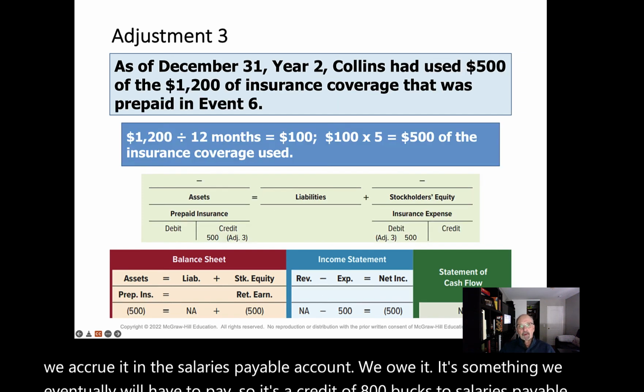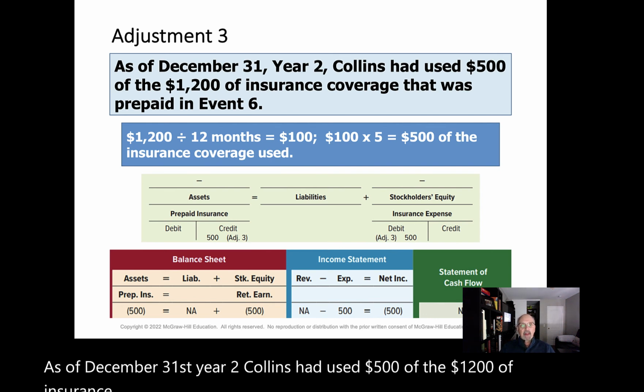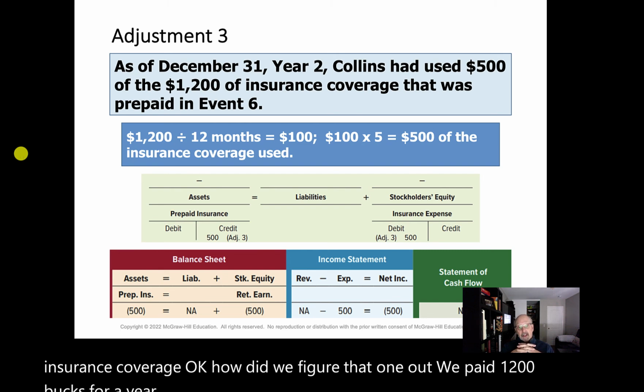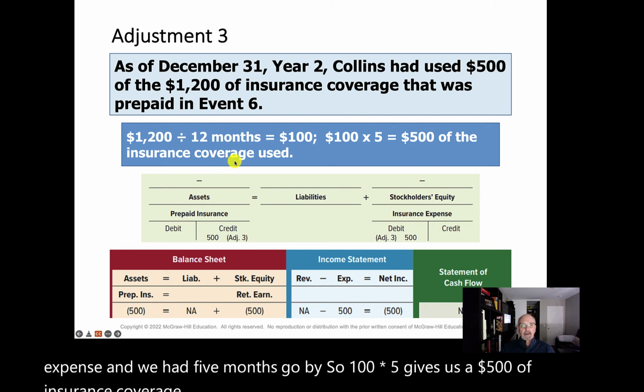As of December 31st, year 2, Collins had used $500 of the $1,200 of insurance coverage. Okay, how did we figure that one out? Well, we paid $1,200 for a year. That means we're recognizing $100 a month of insurance expense. And we had 5 months go by. So 100 times 5 gives us $500 of insurance coverage that expired.